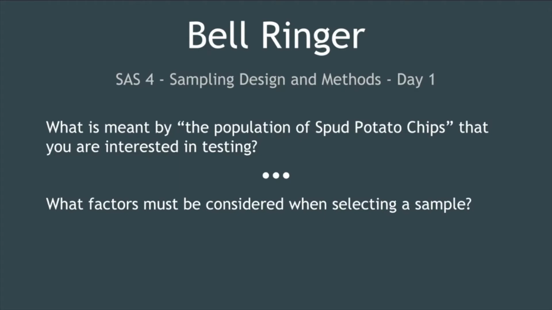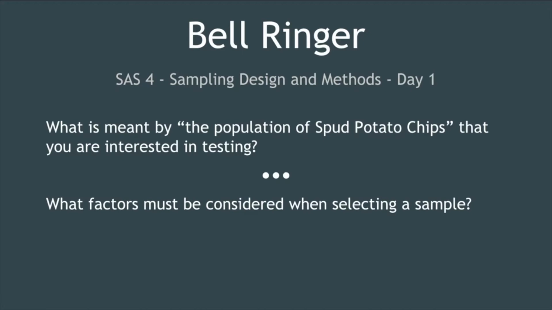So that means all potato chips that have ever been made, that are being made, and that will ever be made. So it's really hard to describe the population of spud potato chips, because they've been making potato chips for X number of years, and we don't know how many more years they're going to continue making potato chips. So determining the population of spud potato chips is really a difficult concept.